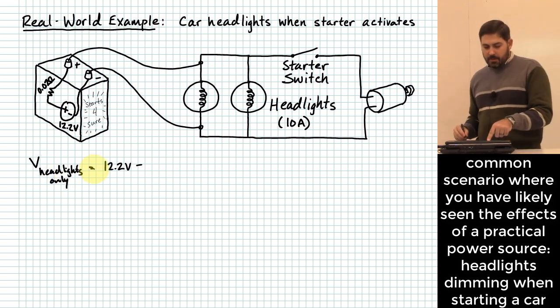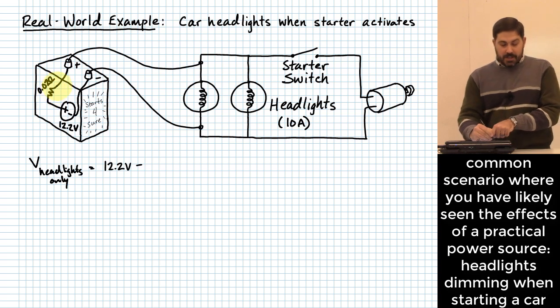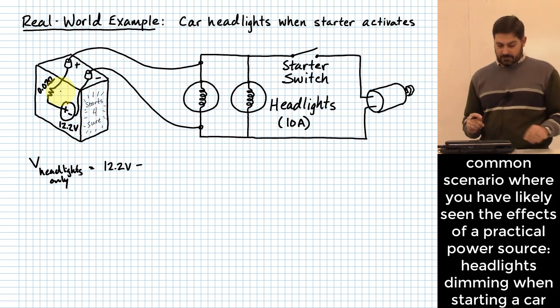Okay, how much voltage is going to drop on this little internal resistance in the battery with the 10 amps that are being drawn with the headlights? Easy, it's an easy calculation, right? 10 amps times 0.02 ohms.